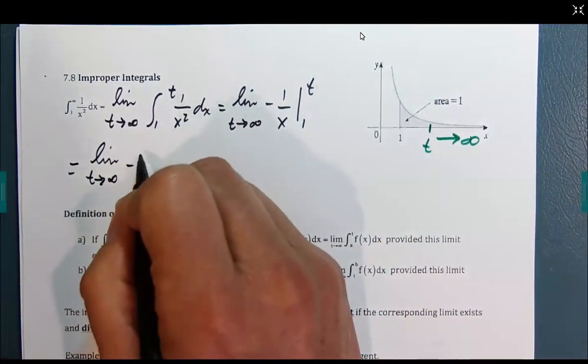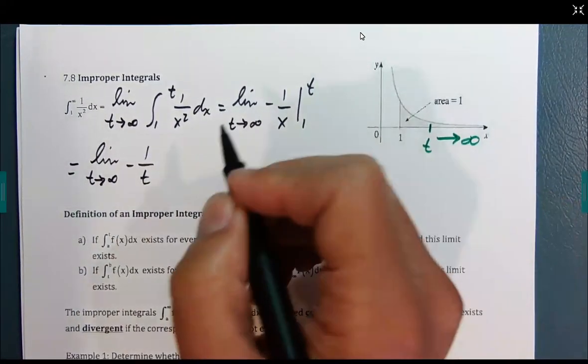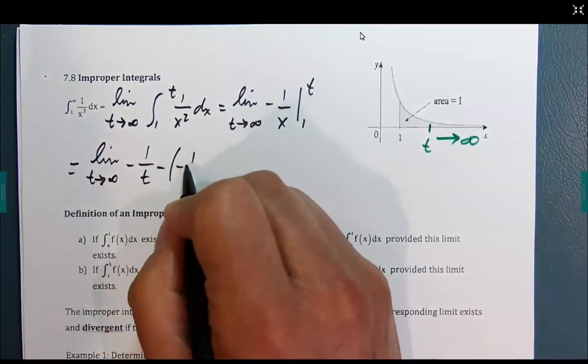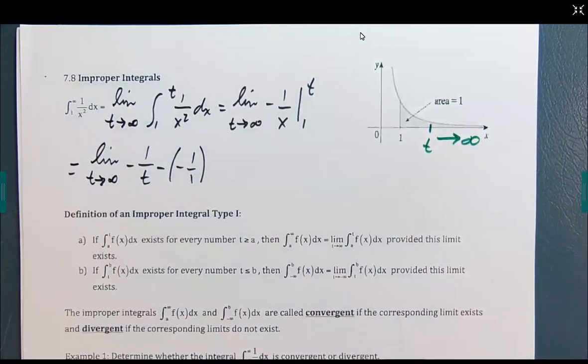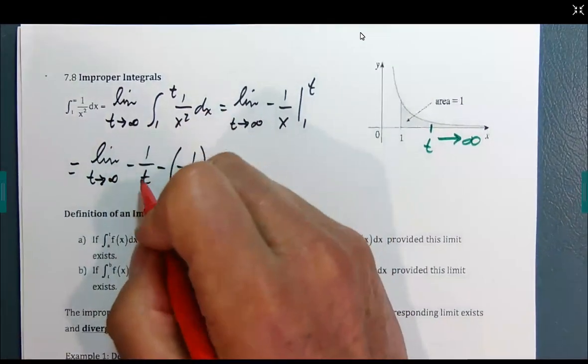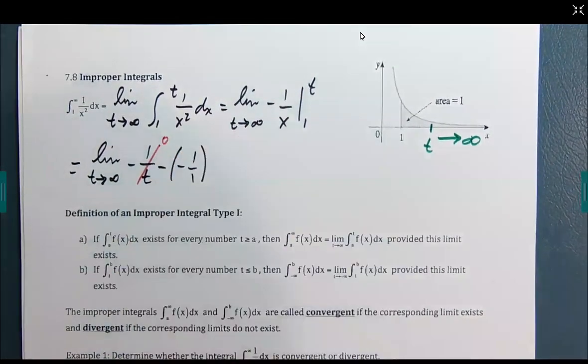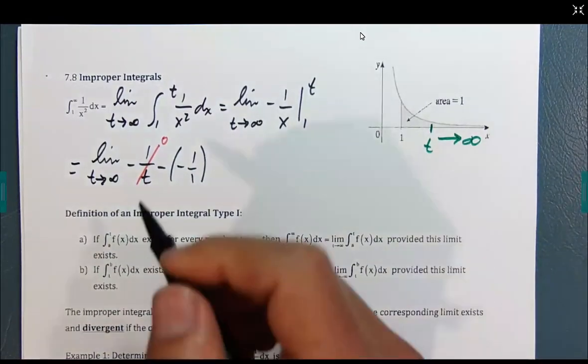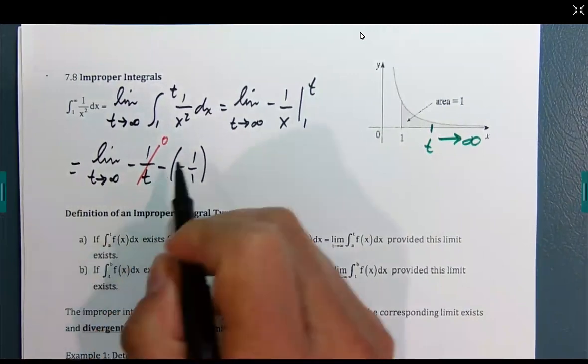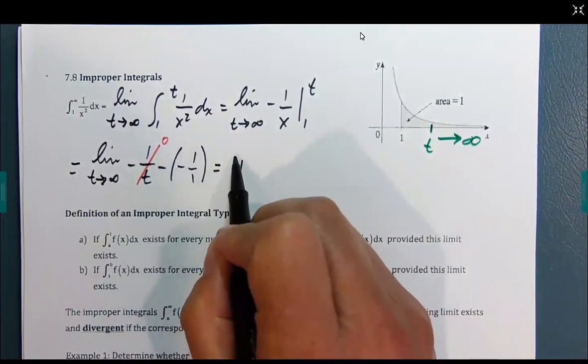And I'm going to get negative 1 over t minus negative 1 over 1. And what happens to this limit as t goes to infinity is that whole piece there goes to 0. And being extra careful, I have a minus minus, which means I end up with 1.